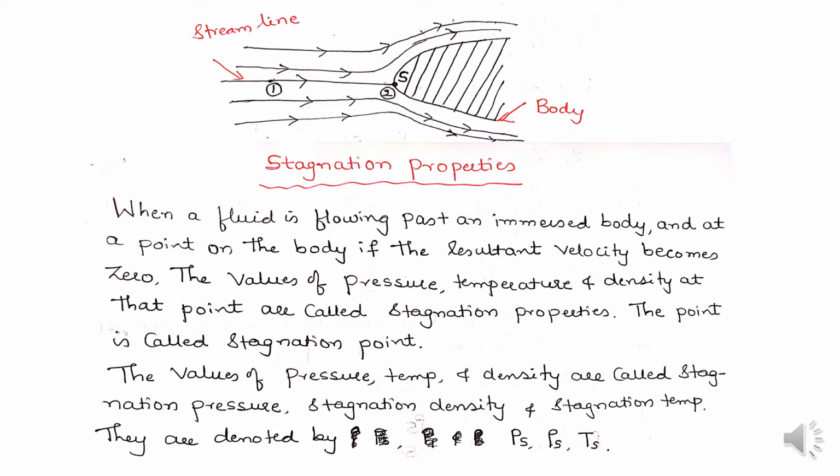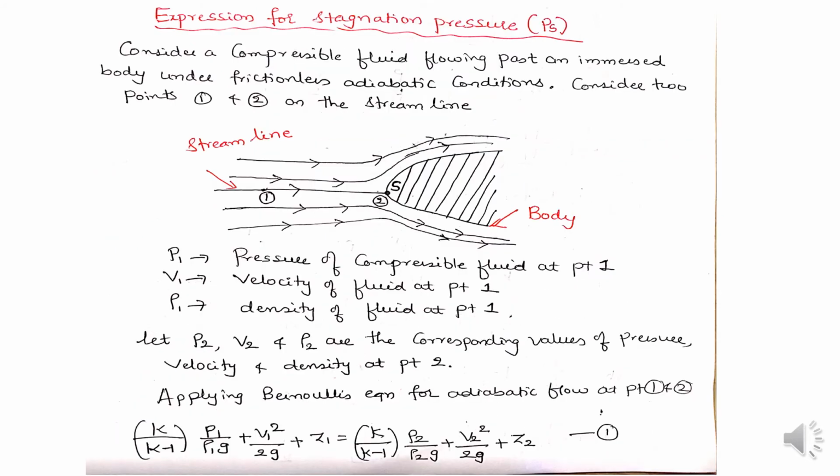So now we will derive the expression. Consider a compressible fluid flowing past an immersed body under frictionless adiabatic conditions. Let us consider two points, 1 and 2, on this streamline.